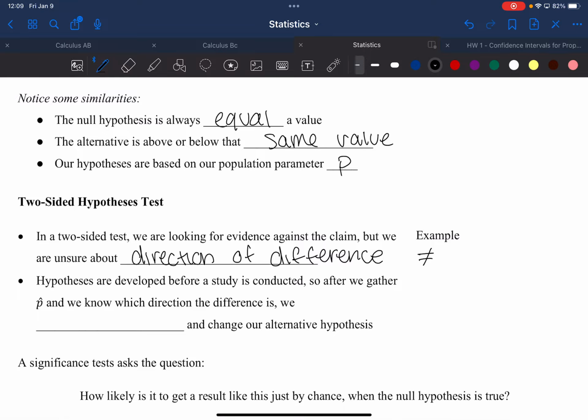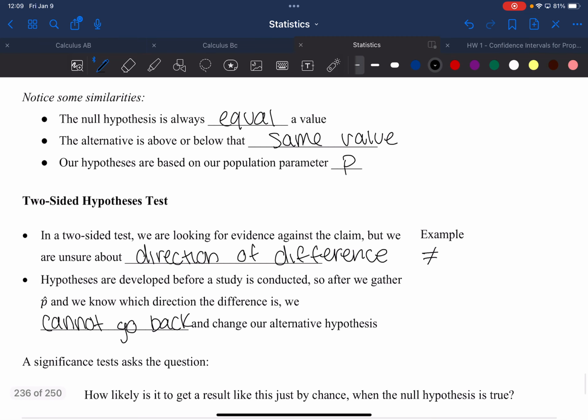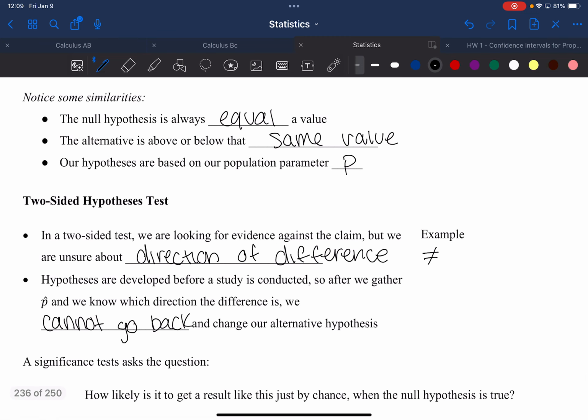Hypotheses are developed before a study is conducted. So after we gather p-hat and we know which direction the difference is, we cannot go back and change our alternative hypothesis. An example of that would be thinking back to middle school science.